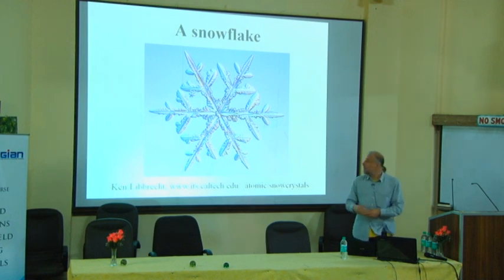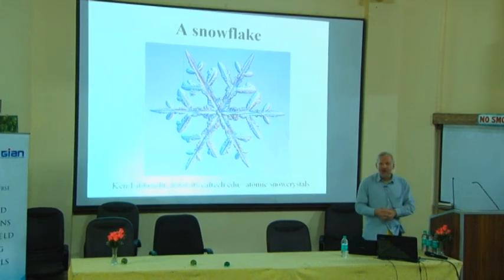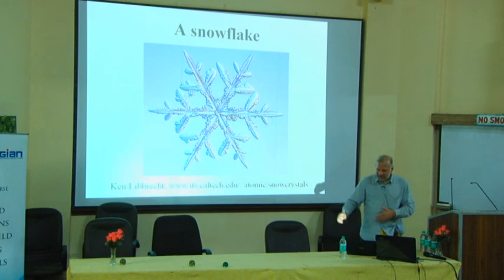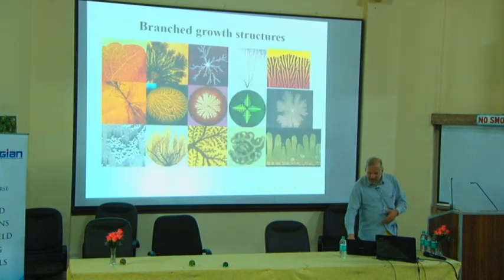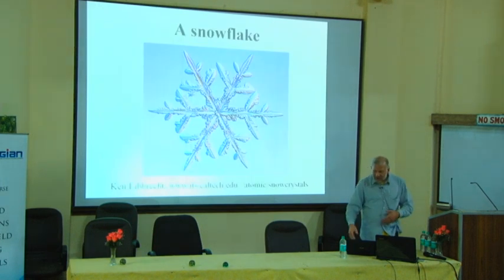Now, of course, this is a very beautiful picture, but what's the use of studying snowflakes? Well, I have to openly admit, besides the applications in the analogies with other ramified structures in pattern formation, there is not so much practical interest in studying snowflakes.